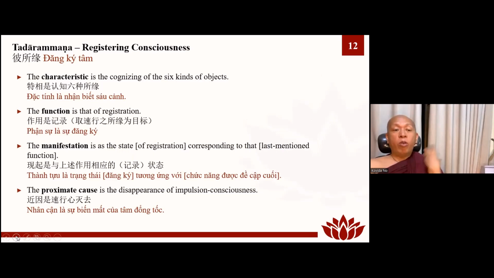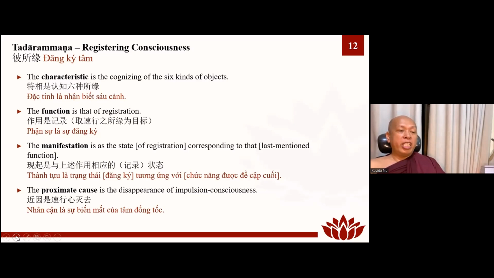The mind has mind objects, thinking. We think about something. So it will take any of the six kinds of objects. The function is that of registration. It will register the objects. The manifestation is as the state of registration corresponding to that last-mentioned function.